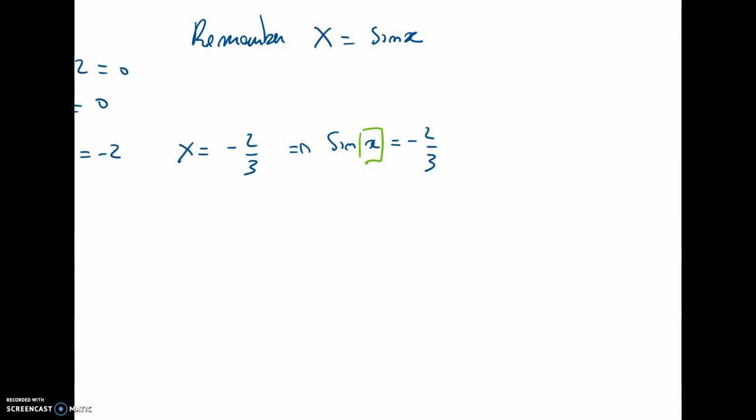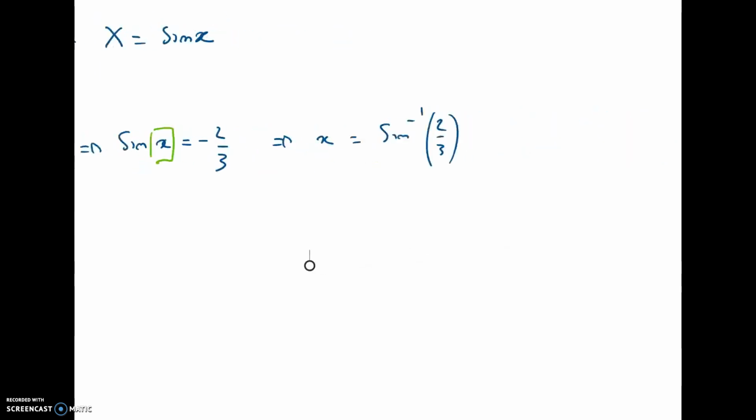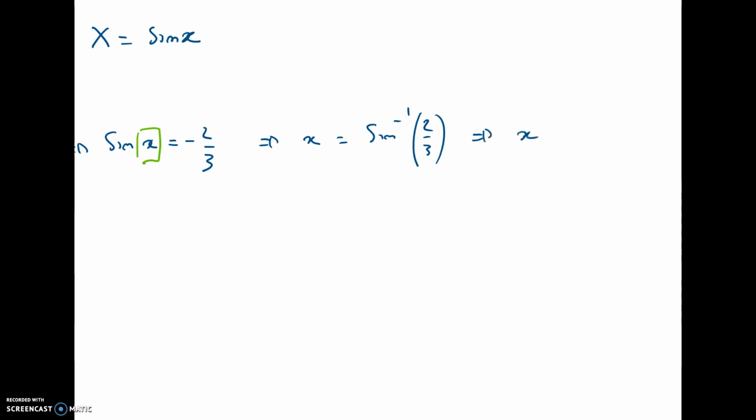What I'm going to do is use the inverse function. I'm going to use the inverse function, and I'm going to write x equals sine inverse of negative 2/3, and that is going to give me the value of x around negative 0.729728.